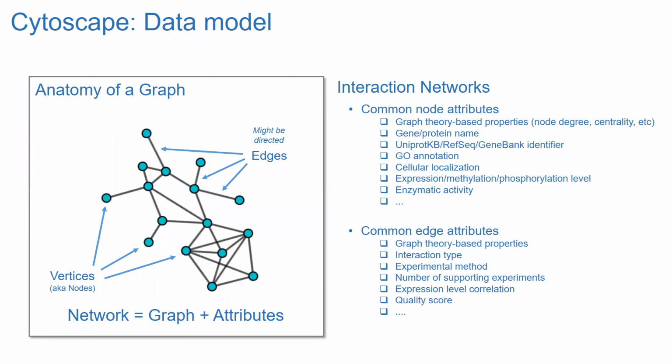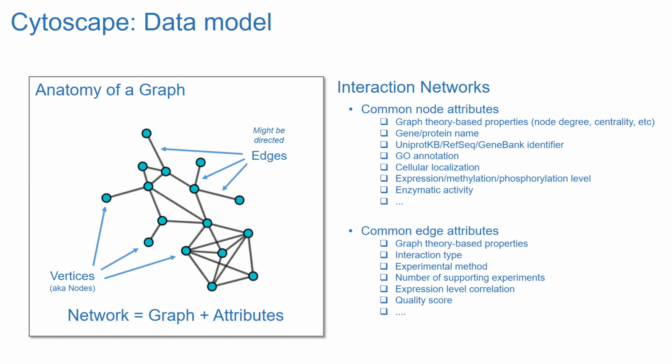Otherwise, there are pretty obvious things you can put there. You can attach to each node the name of the gene, the name of the protein. You can attach identifiers from different databases. There are a number of databases keeping track of proteins and genes, and each of those might have its individual identifiers.